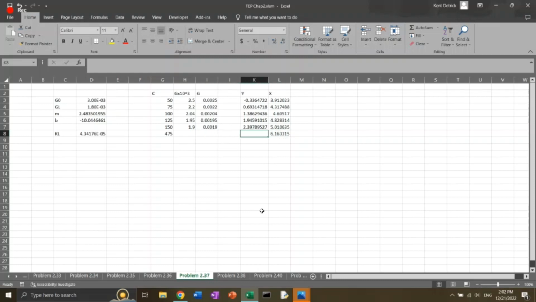And Y equals, so we can't use this function because this function is not our model. We have a linear model that we're using. Our linear model is Y equals M times X plus B. So that's our model for Y. Then we convert Y into G. And we can solve for G as a function of Y analytically.